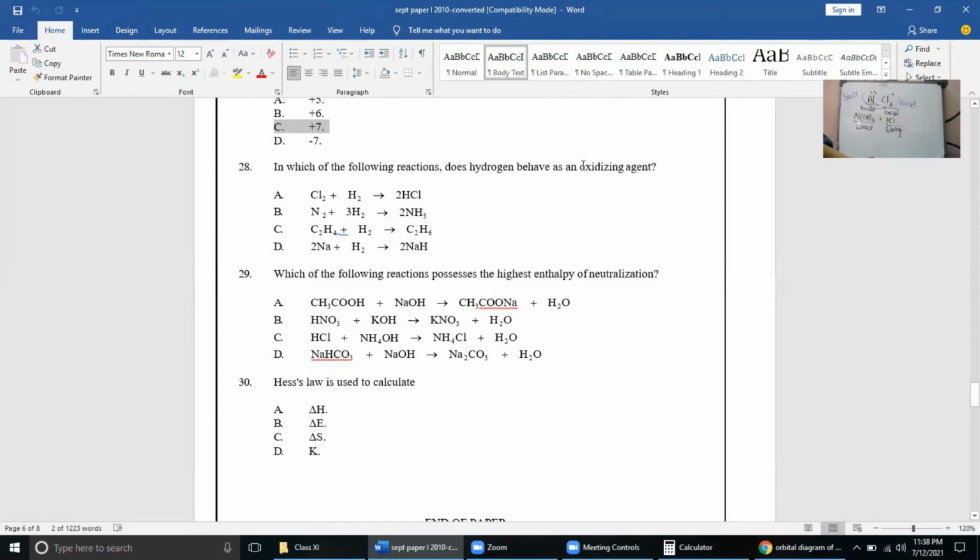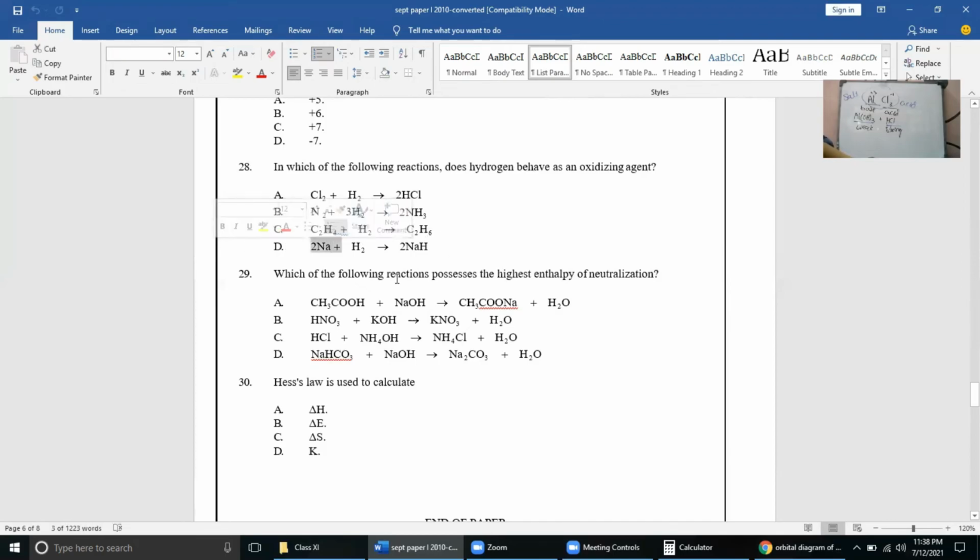And you need to find the oxidizing agent. Let's see the next one. Here hydrogen is changing from 0 to plus, again oxidation, again a reducing agent. Here hydrogen is changing from 0 to plus, again an oxidation process, again hydrogen is acting as a reducing agent. Now let's check this equation.